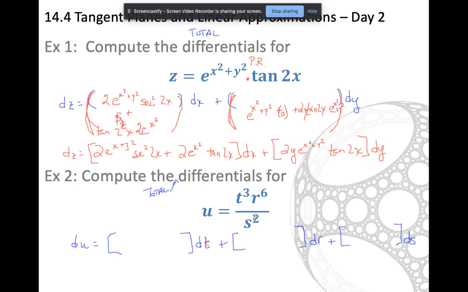R to the 6th and x squared are constants. With respect to r, t cubed and s squared are constants. And with respect to s, this is really s to the negative 2, times the constants.